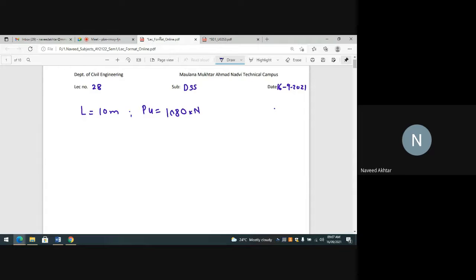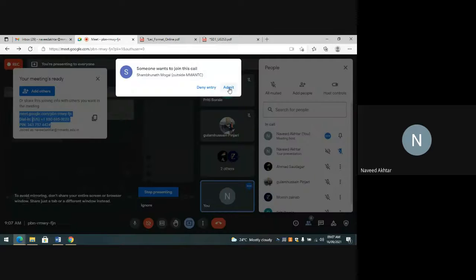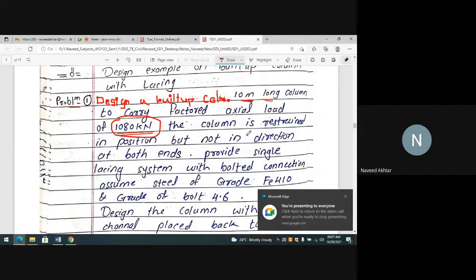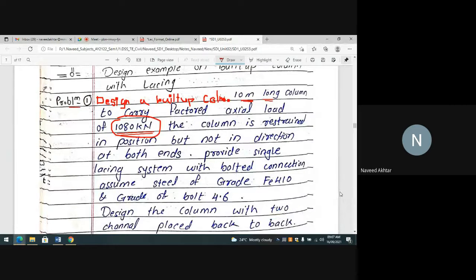So we are writing the given data. Write down this question in your notebook.